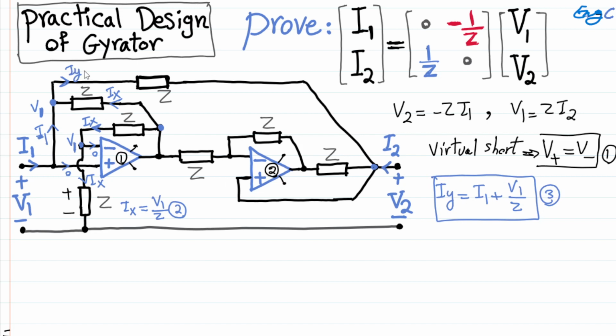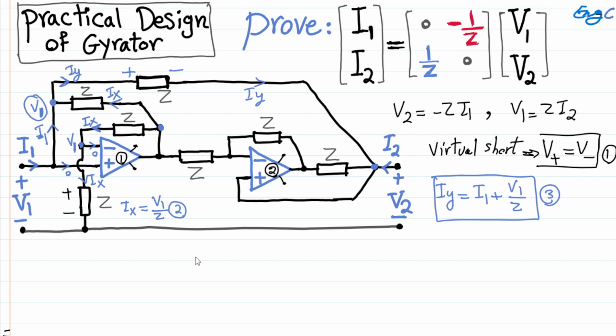Okay, this Ivi flows through this resistor Z and results in a voltage drop, which we can easily compute by multiplying Ivi by Z. After the voltage drop, we get to V2, because V2 is the value of this node, which is the other side of Z. So on one side of this impedance Z, we have V1, as shown here. On the other side, we have V2.